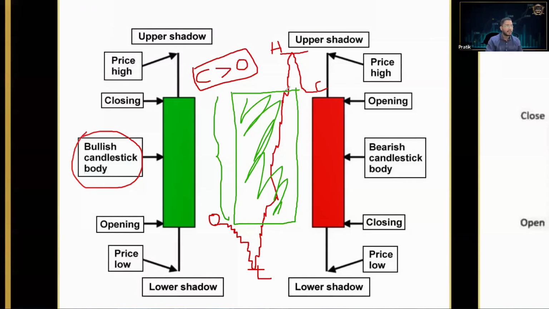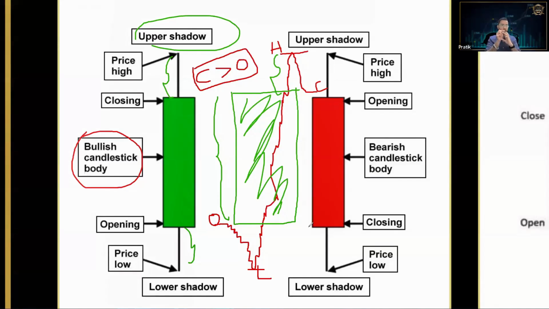Now, the price between the high price and the closing price, the part above, is called the upper shadow, and this part is called the lower shadow. Have you seen the wick of a candle?